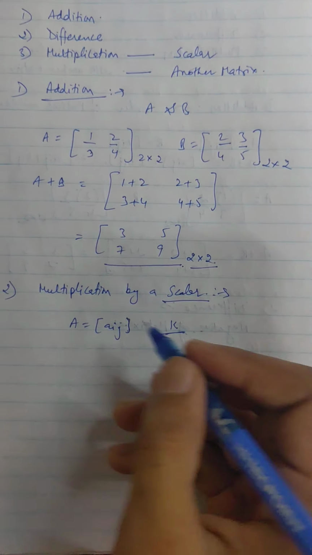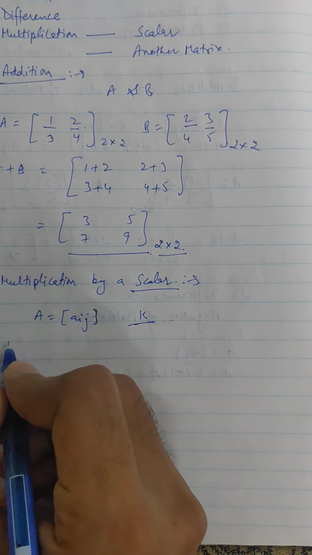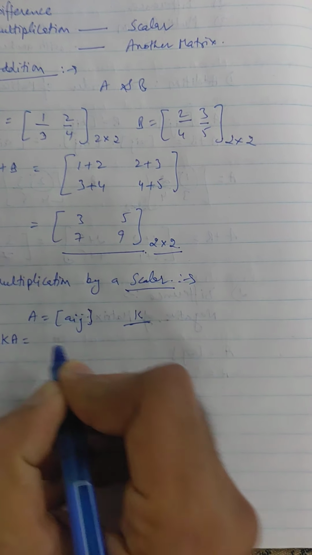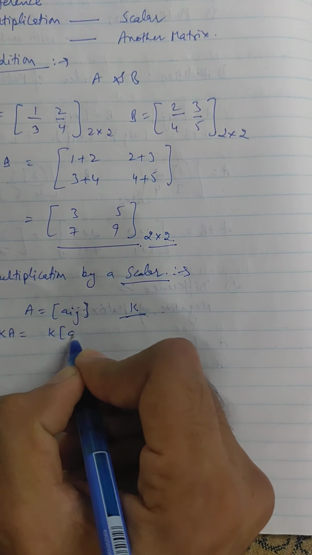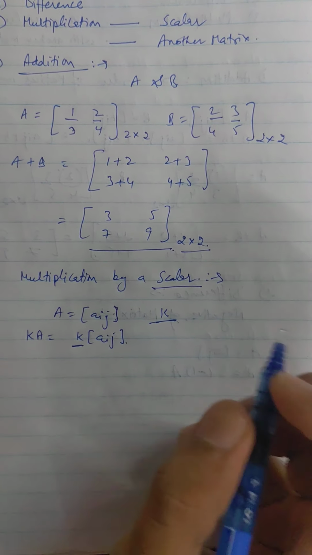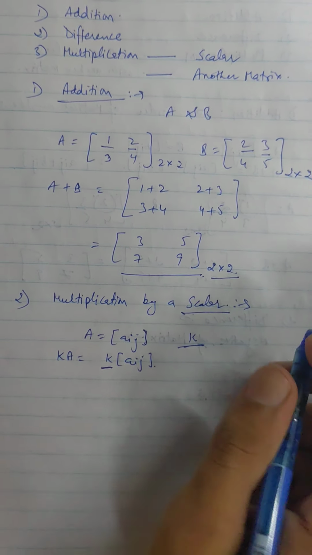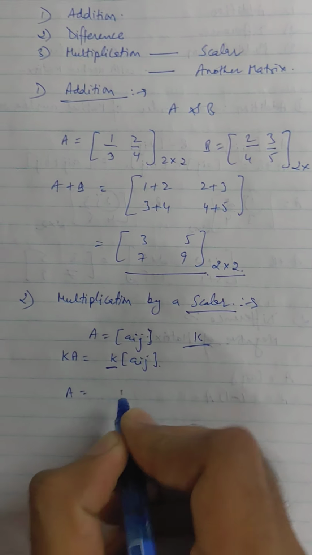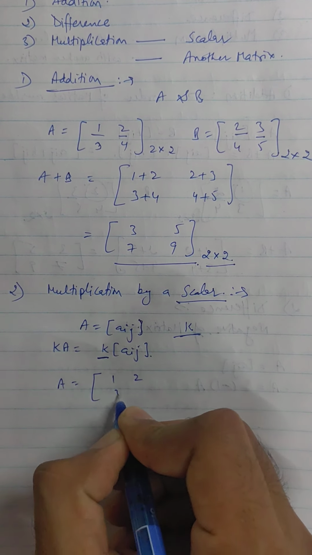Okay, this is a constant, anything. So kA will be equal to just simply k times Aij, that is, multiply k with all the elements of A. For example, a matrix A is 1, 2, 3, 4.